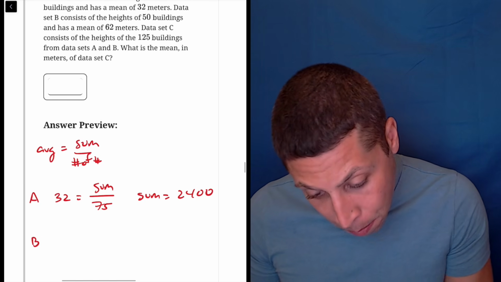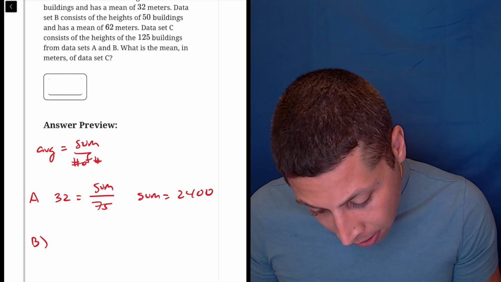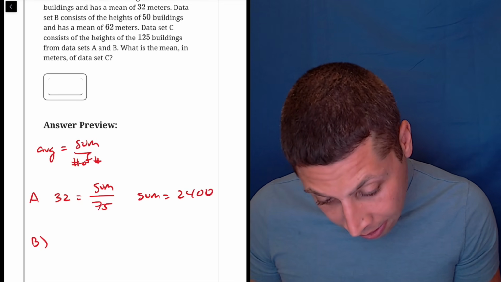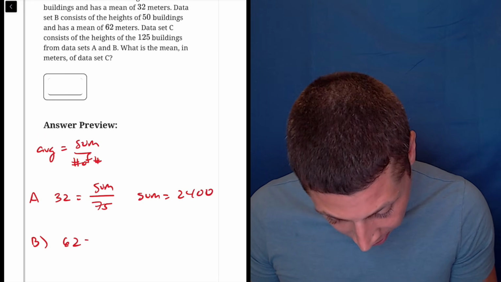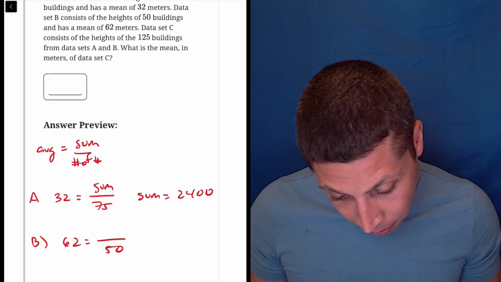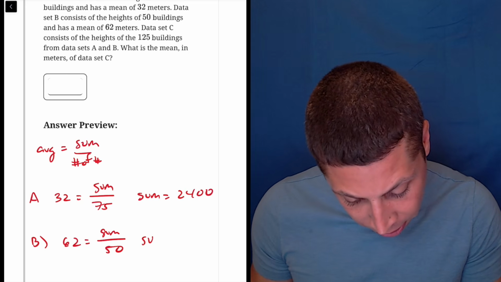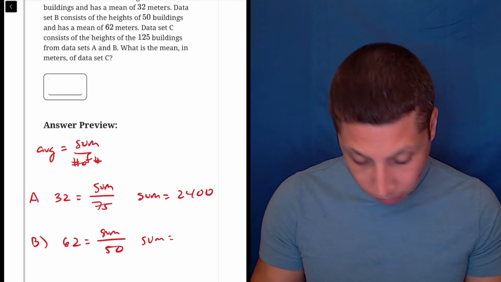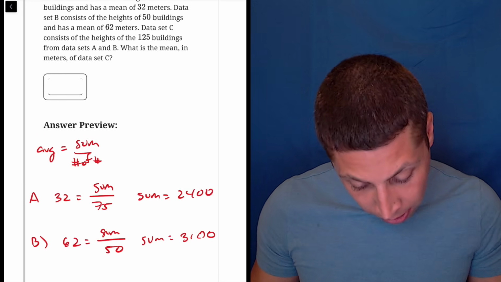So for data set B, the heights of 50 buildings and has a mean of 62. So that's another sum. Here the sum is 50 times 62. That's 3,100. So what do they want?